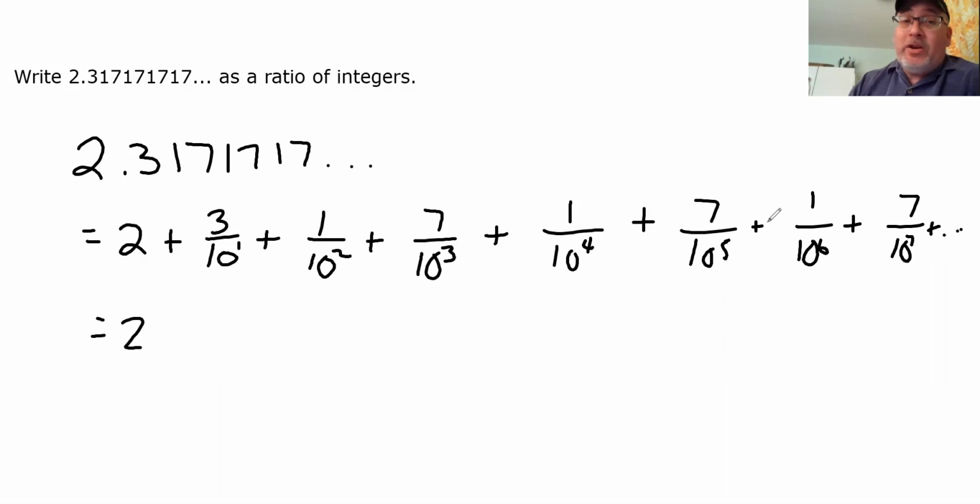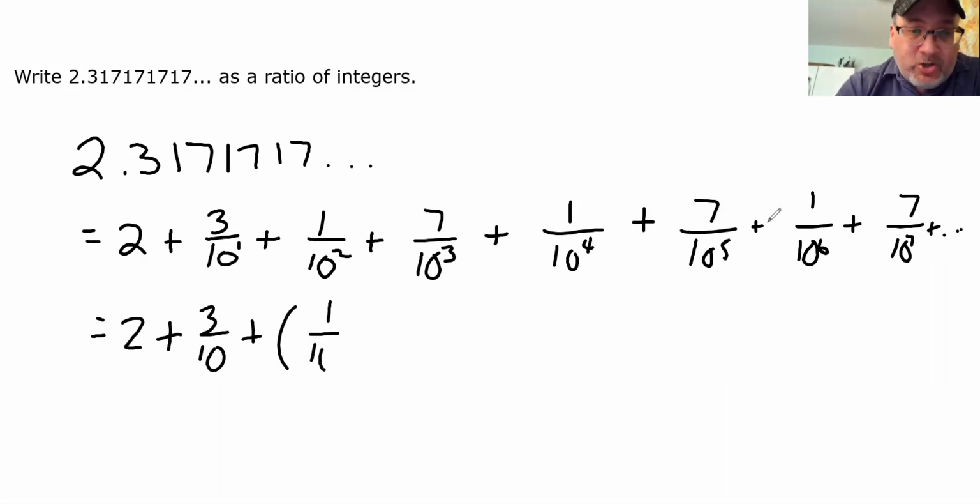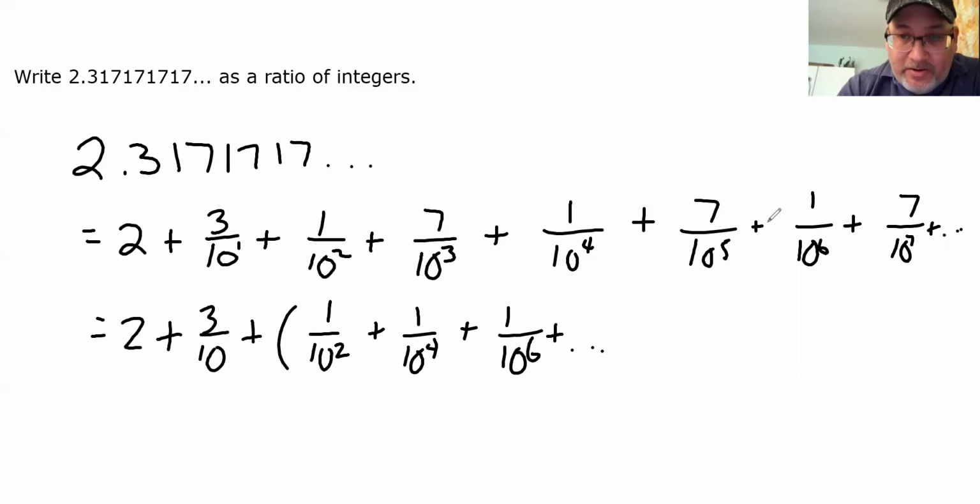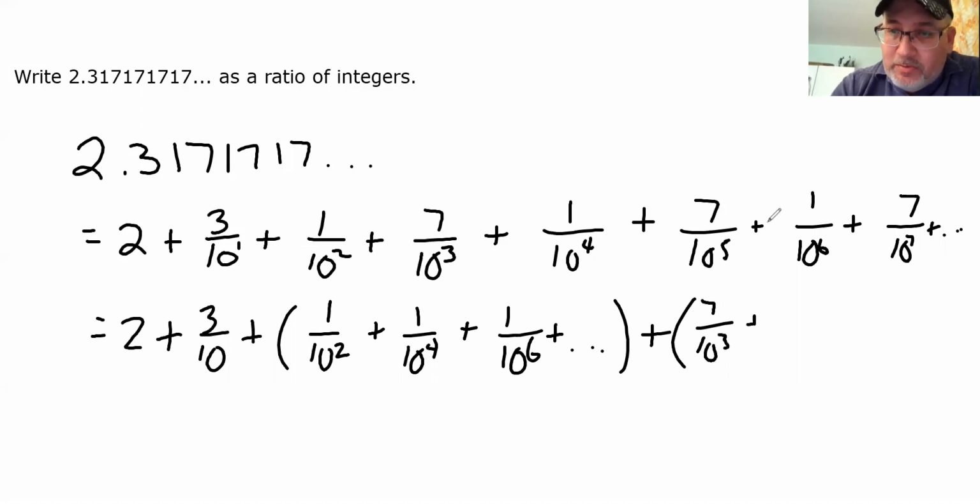Let's just assume that we can rearrange the terms of the series. So we have this 2 plus 3/10 sitting in front doing nothing. Let's gather everything with a 1 on top: 1 over 10 squared, 1 over 10 to the fourth, 1 over 10 to the sixth, dot, dot, dot. And let's gather everything with a 7 on top: 7 over 10 cubed plus 7 over 10 to the 5th plus 7 over 10 to the 7th.